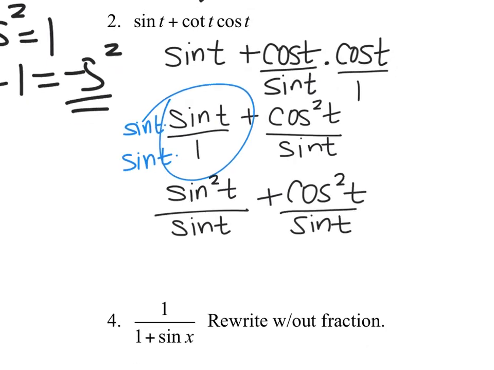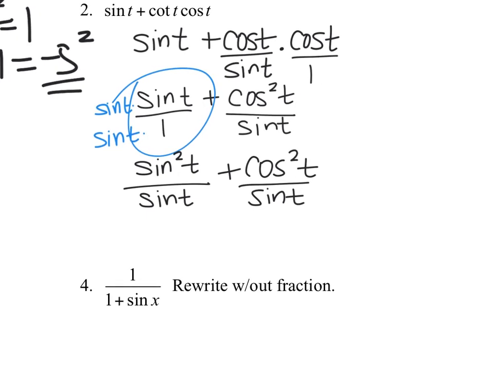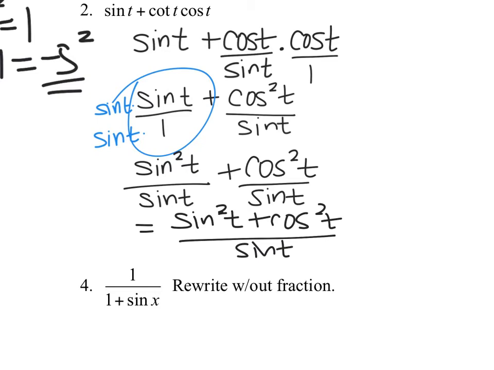And now I can combine those two because I have a common denominator, into one fraction. I'm showing all of my steps here just because this is brand new. Sine squared t plus cosine squared t all over sine t. And hopefully you recognize what the top is: 1. That one's going to show up a lot.